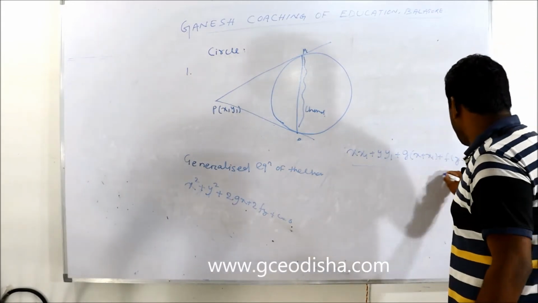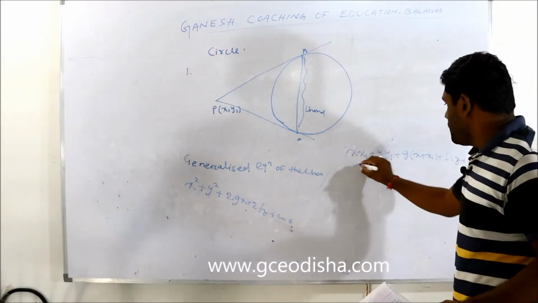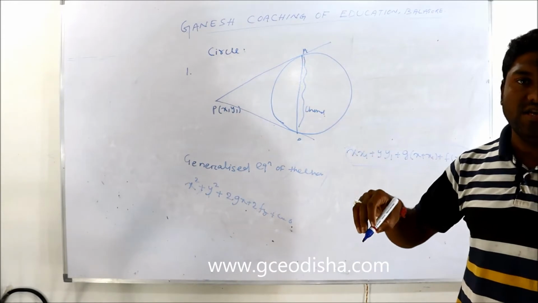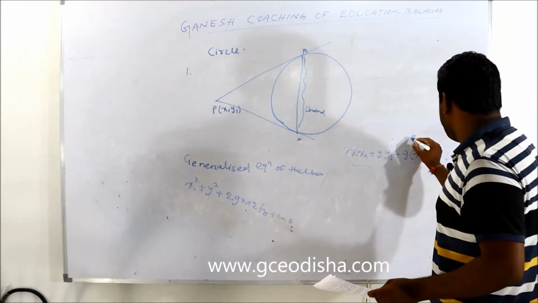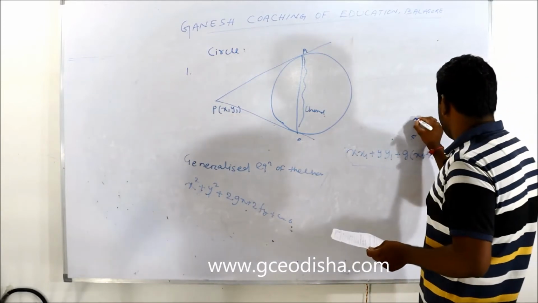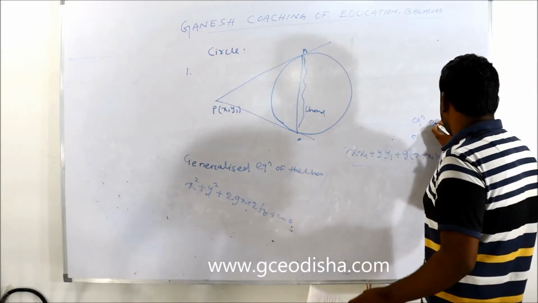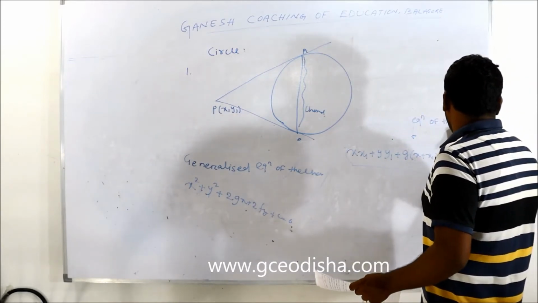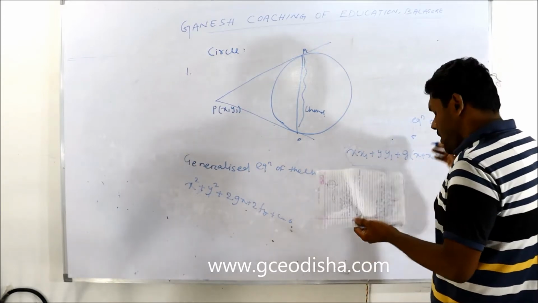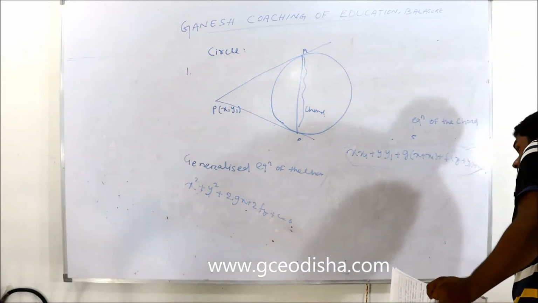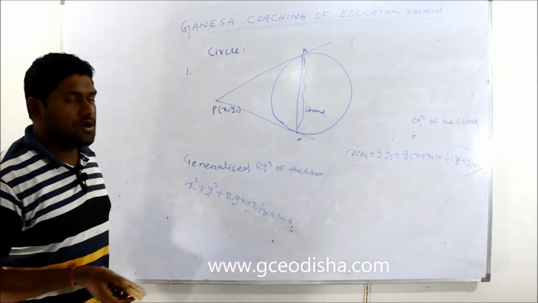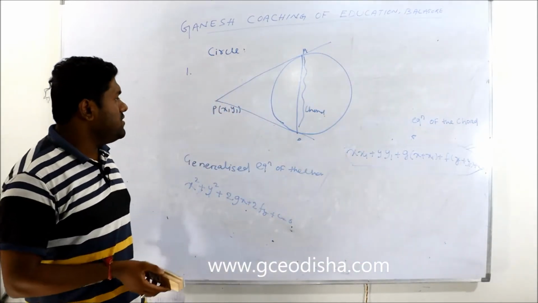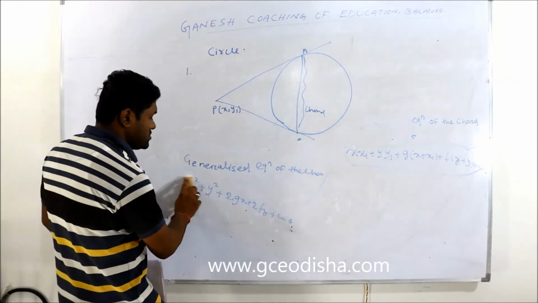This is the equation of the tangent. When you equate the equation of the tangent to 0, then it becomes the equation of the chord. Now I am giving only the concepts. Okay, there are 5-6 concepts. After giving all of the concepts, I'll solve the questions.